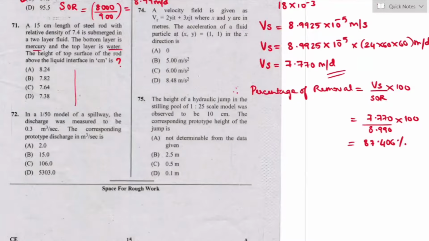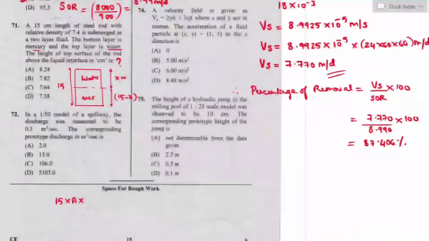So let us consider the top layer is water of a depth x, this is water, and the bottom layer is submerged with mercury, this is mercury of depth 15 minus x. 15 cm is the total length of the steel rod.